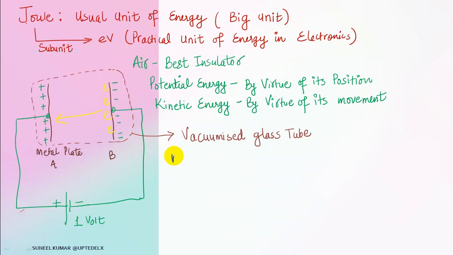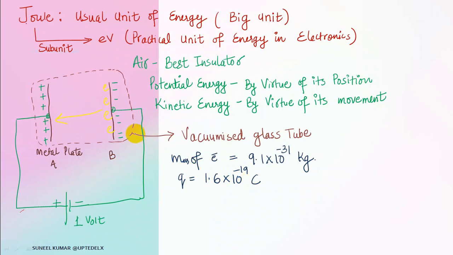The mass m of the electron is 9.1 into 10 to the power minus 31 kilogram. This is a very tiny particle, still it has some mass, and the charge is 1.6 into 10 to the power minus 19 coulomb. This is the charge of the electron.